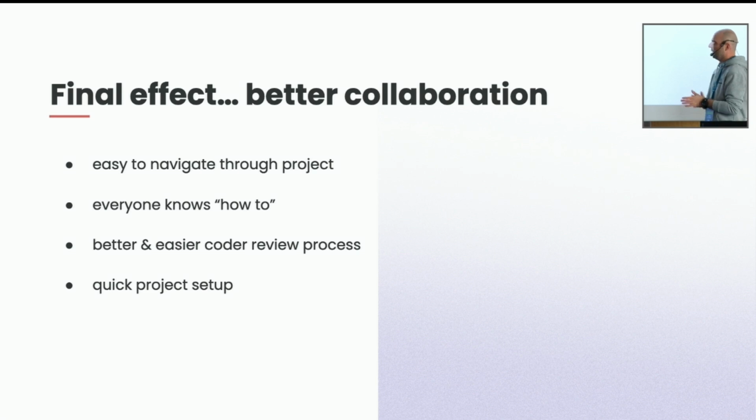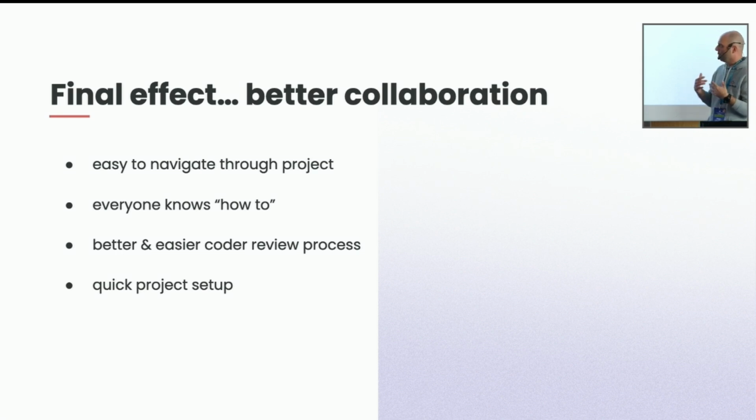So what else do we really get, not in a manner of technical stuff? While we are working with a team and we are all using the same boilerplate, then it's much easier to navigate through the project if it's a standard thing in your company.